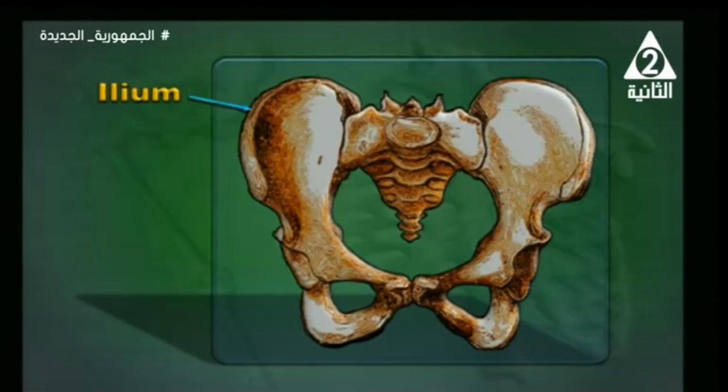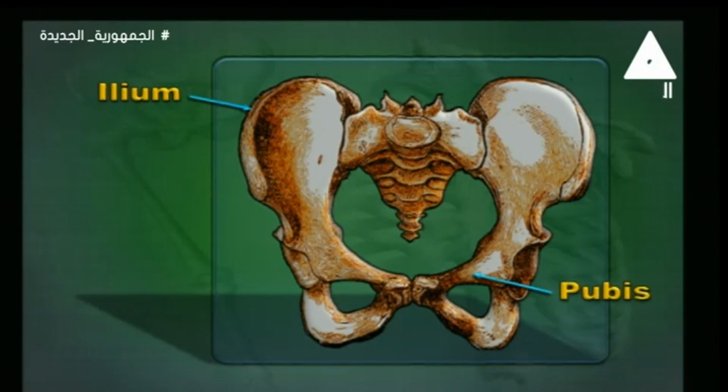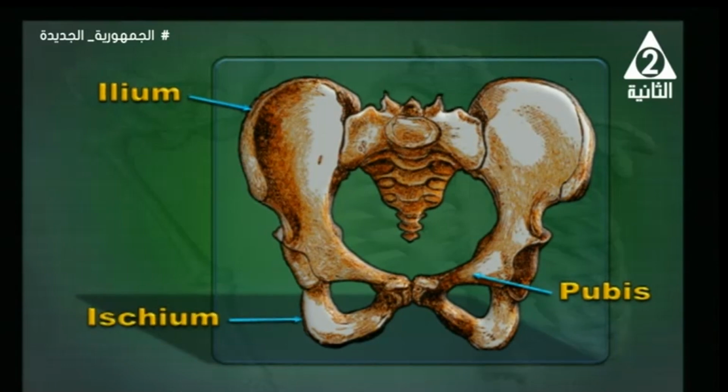We call it acetabulum. The 2 identical halves fused together at a part we call the pubic symphysis. This is the side view of the pelvic girdle.